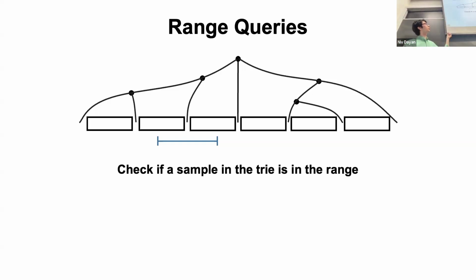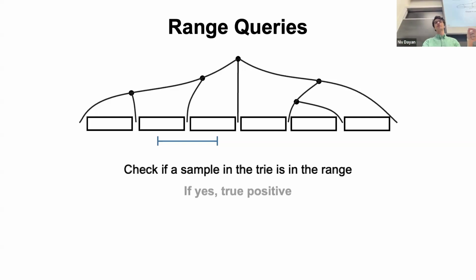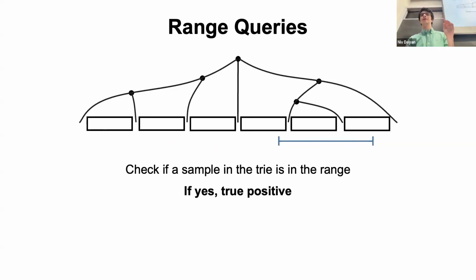If you do have a sample inside of the range, then you get a true positive. So these types of queries are all handled. You can also have multiple samples inside of the range. As soon as you have just a single sample inside of the range, you get a true positive.